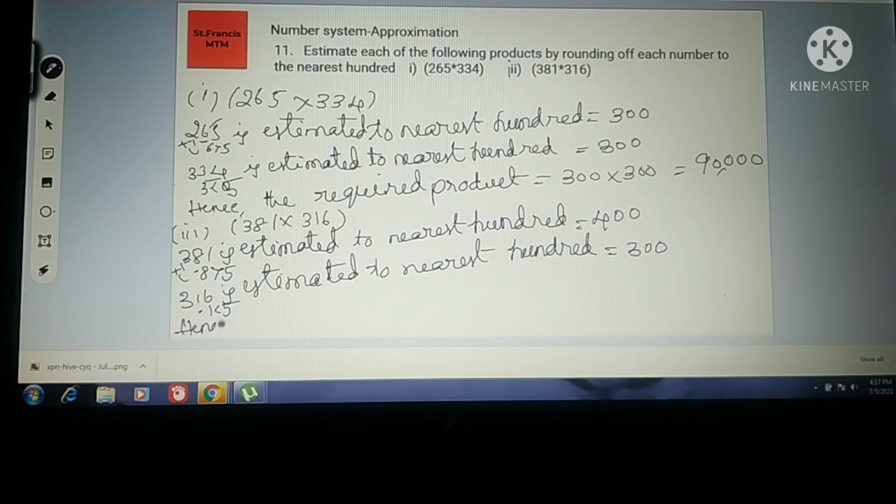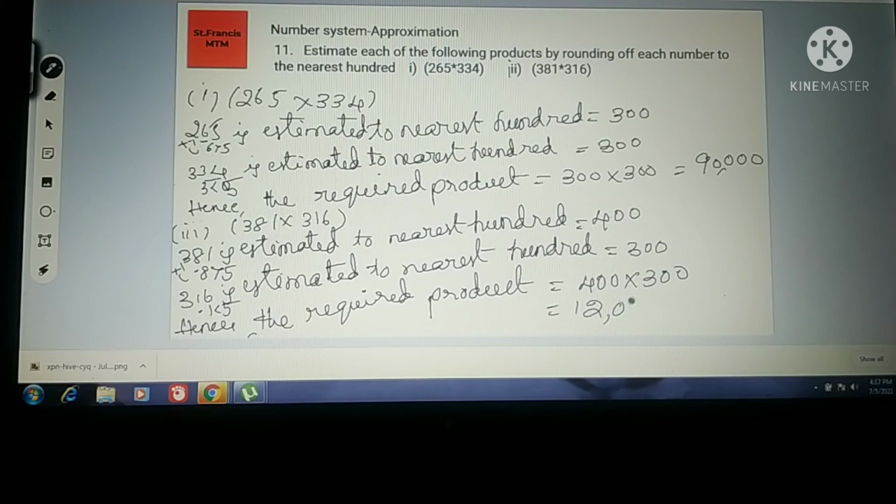Hence the product is 400 into 300, you get 120,000. Understood? Good.